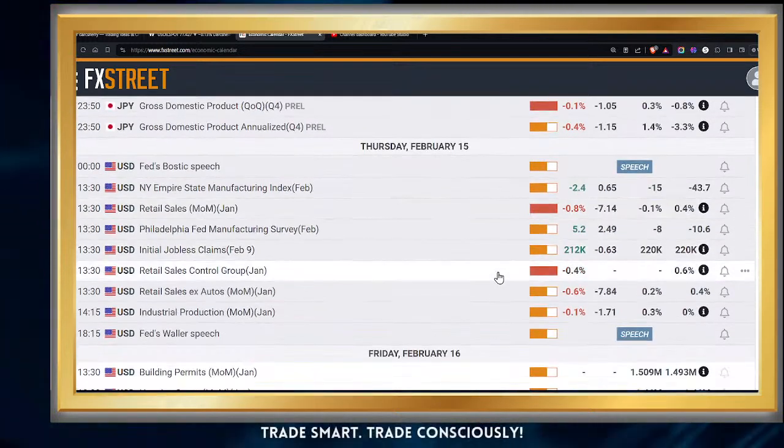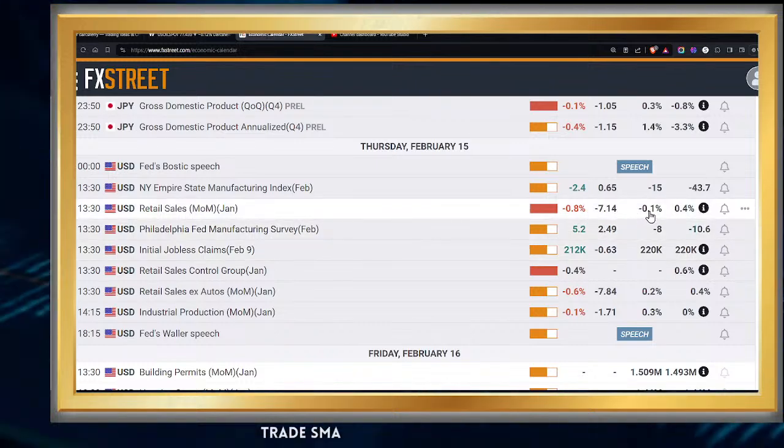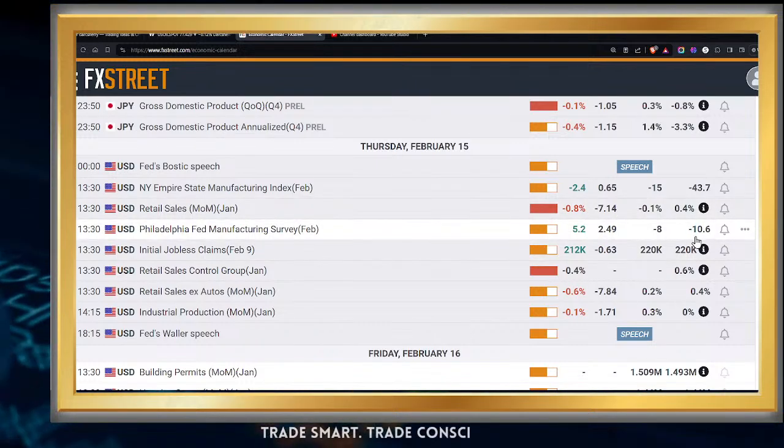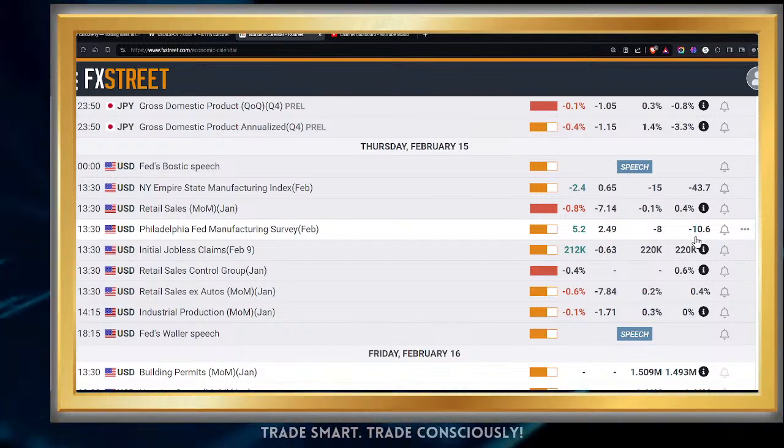Now, yesterday we saw the retail sales data come in. In fact, it was below expectation. We were expecting a contraction of 0.1%, but instead it came in at a 0.8% contraction, which of course wasn't something encouraging at all from the United States economy.